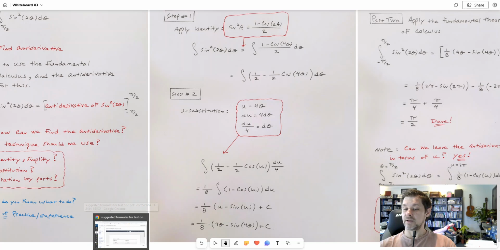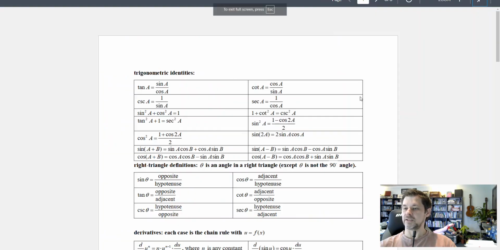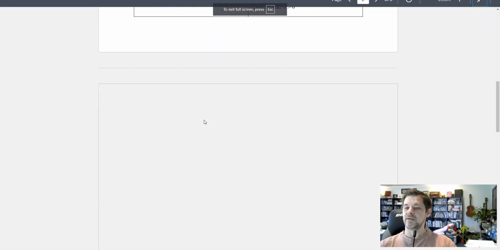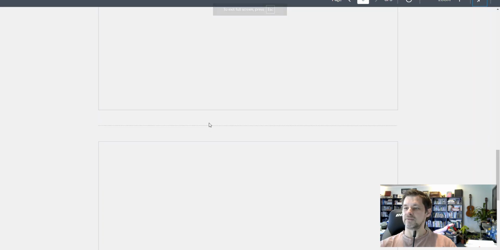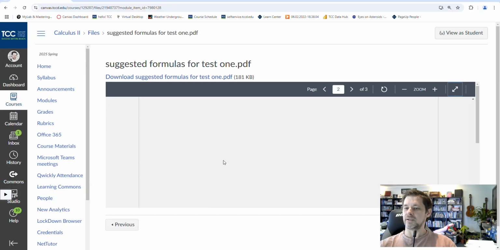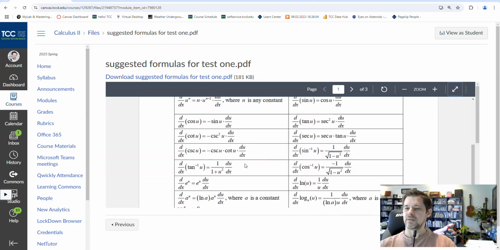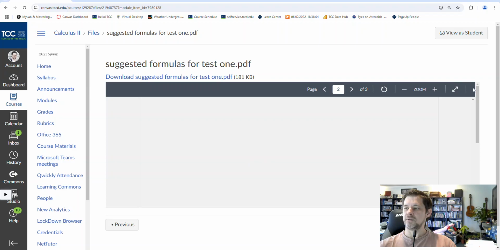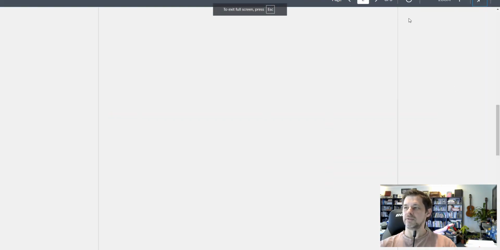What's special about that? Well, let's go back to the formula sheet. I have some standard forms of integral on this thing. Okay. And cosine u du is one of them.